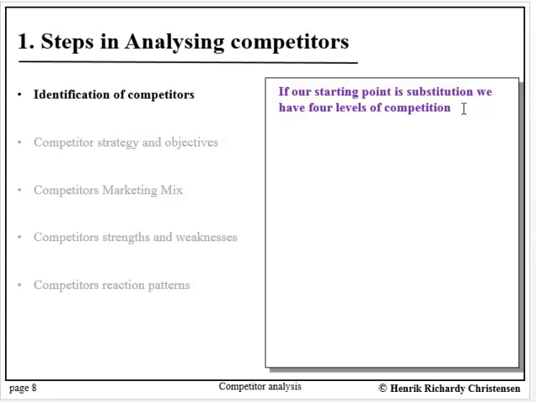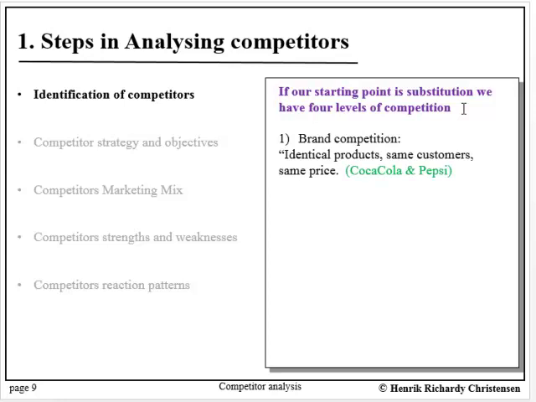First, we have what we call brand competition. This is in place when we have, for example, identical products, more or less the same customers and the same price. One example is Coca-Cola and Pepsi. They can be directly substituted, and therefore they are in quite heavy competition with each other.